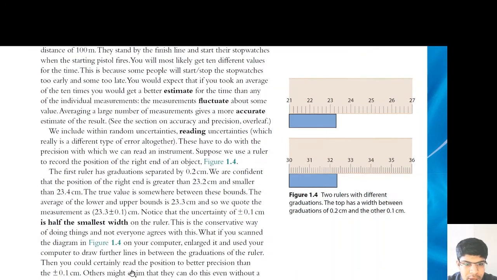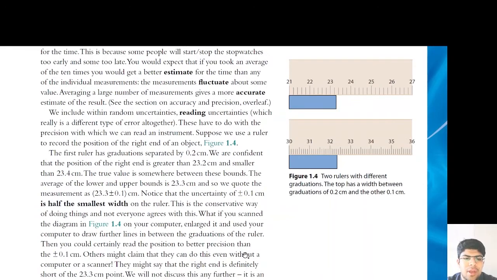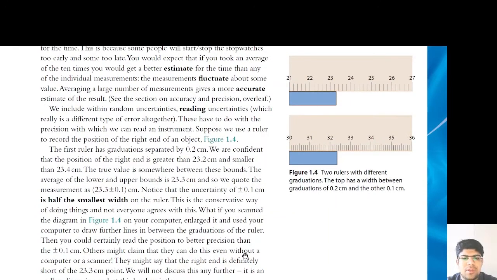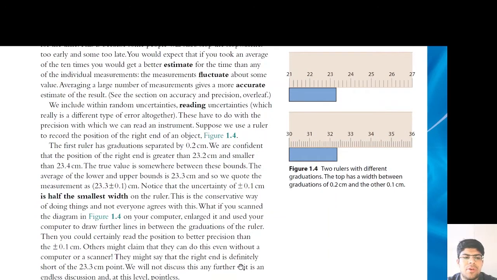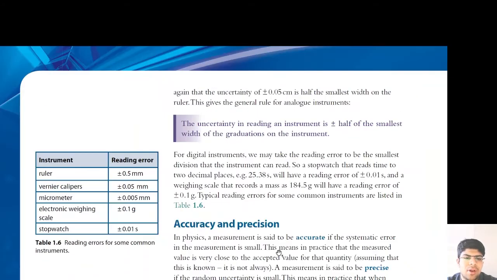Then you could certainly read the position to better than plus minus 0.1 centimeter. Others might claim that they can do this even without a computer or a scanner. They might say that the right end is definitely short of the 23.3 centimeter point. We will not discuss this any further. It is an endless discussion and at this level pointless. Okay, let's move on.